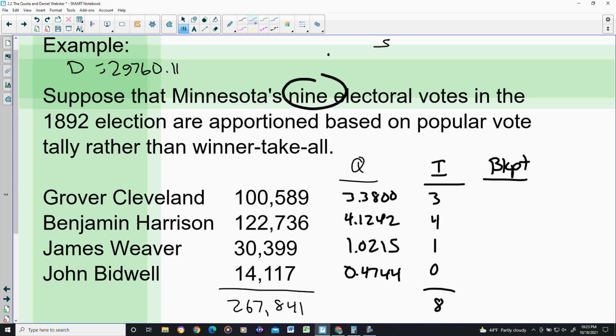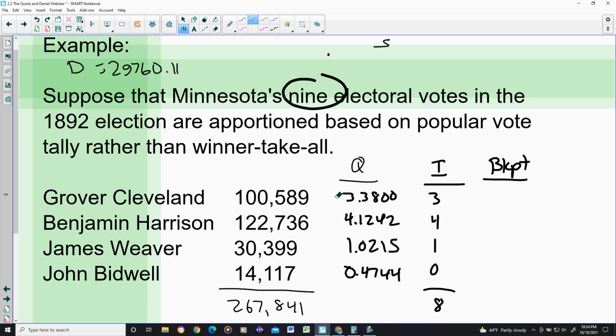Okay, breakpoint formula. Here's the thing. Notice that now we're rounding to the nearest integer. We want to know when this is going to reach 4. Under Jefferson's method, the quota has to reach 4 for the number of seats to get to 4. But is that true if we round? No. When we round, what number will round up to give us 4 seats? 3.5. So if this quota value is over 3.5, then this is going to reach 4.